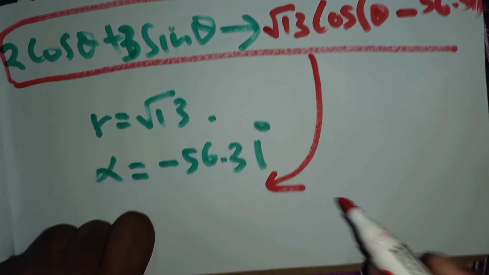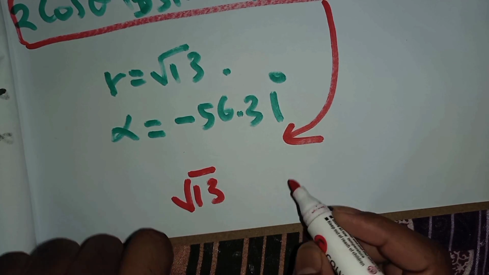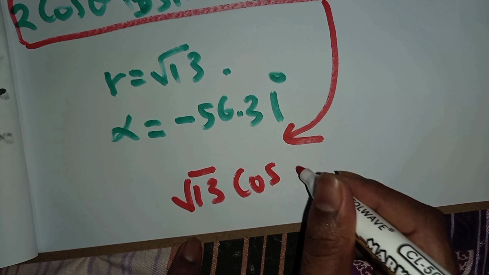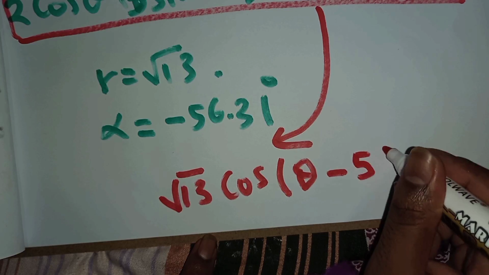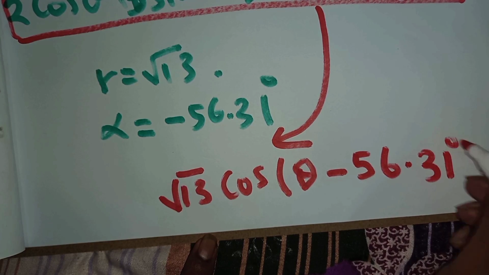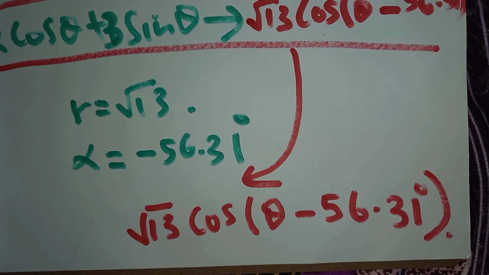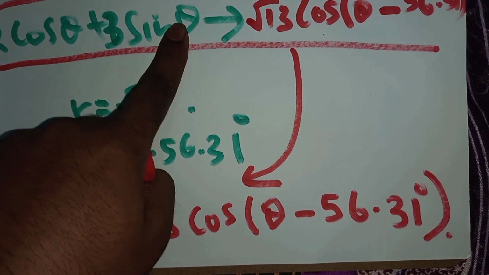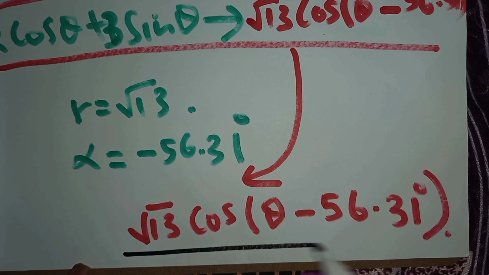So that was root of 13 cos of theta minus 56.31 degrees. So this is a clear version. So all of this and an arrow. So this is your final answer.